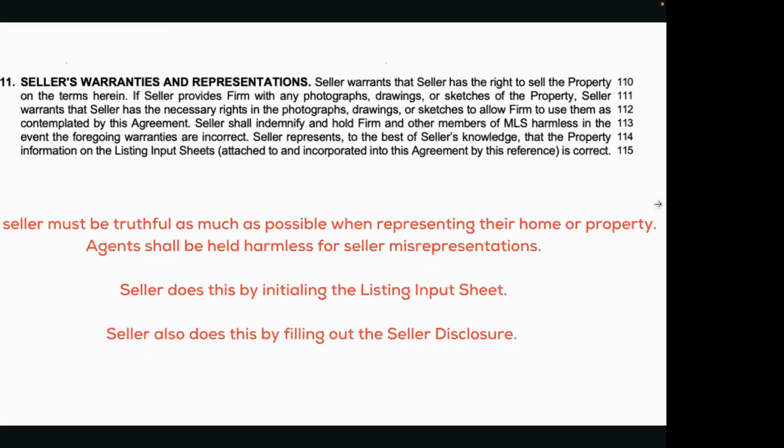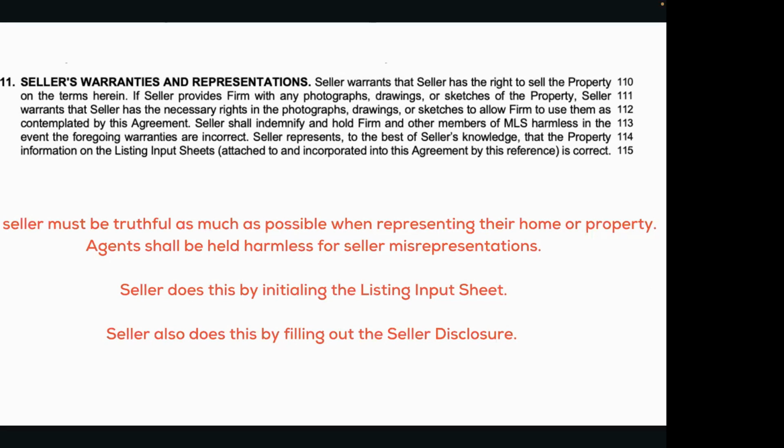And then the seller's warranties and representations. First of all, the seller is guaranteeing that they have the right to sell the property. This is why we want to make sure that we pull the title report to verify that seller. And we are going to share pictures. We're going to make sure that anything that we're advertising is truthful.